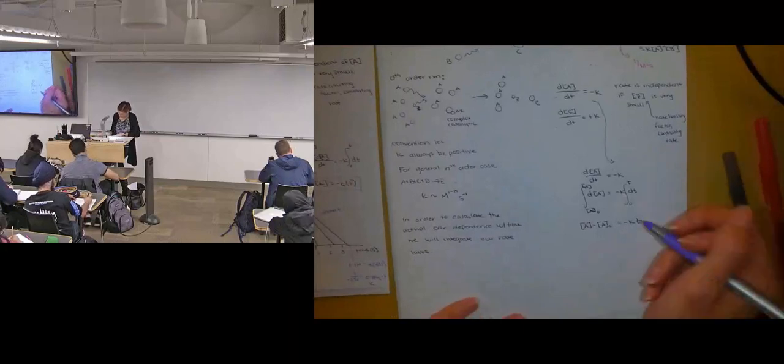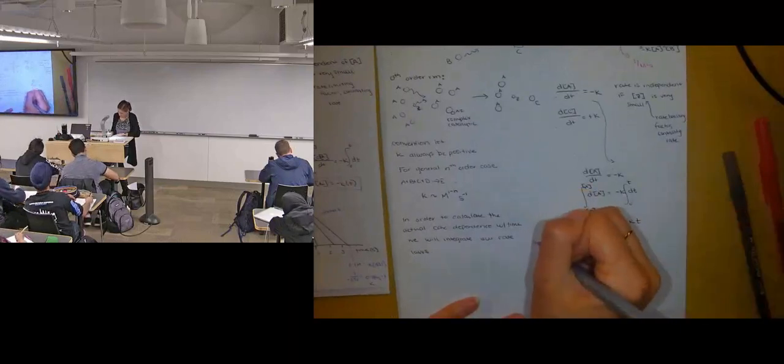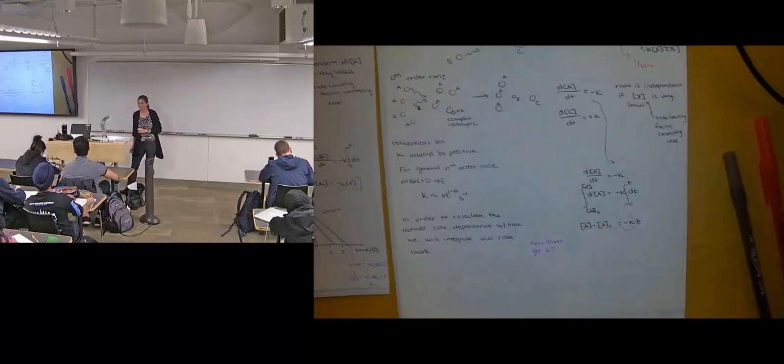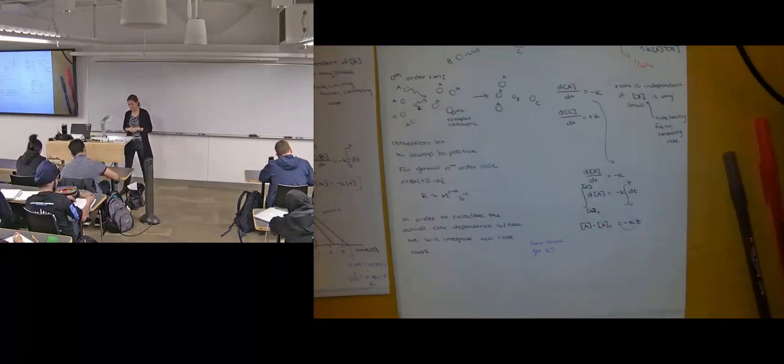How do we get k? Like in real life, how would I get that? Any guesses?